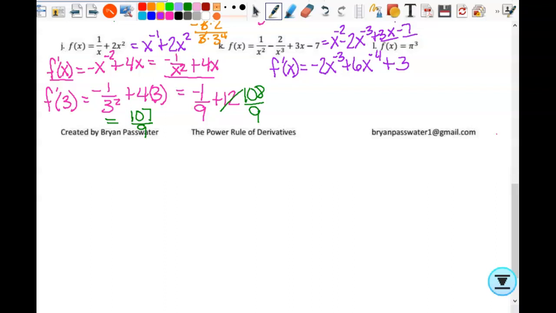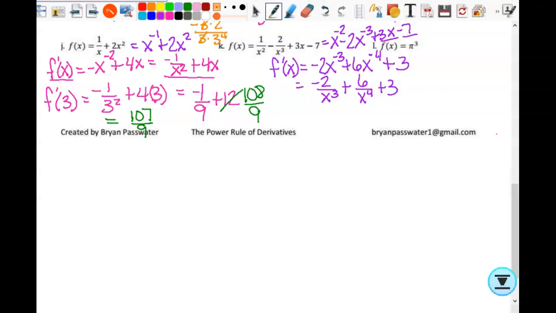Then again, this would be a safe stop if we were done, but if I want to evaluate it, I don't want negative exponents. So this is also equal to negative 2 over x cubed plus 6 over x to the 4th plus 3.